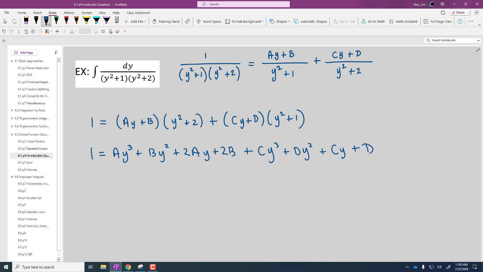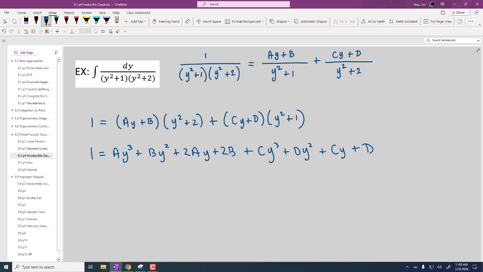Foiling all that mess together, first, outer, inner, last, all that stuff. So here, the PFD equation, we've expanded it.